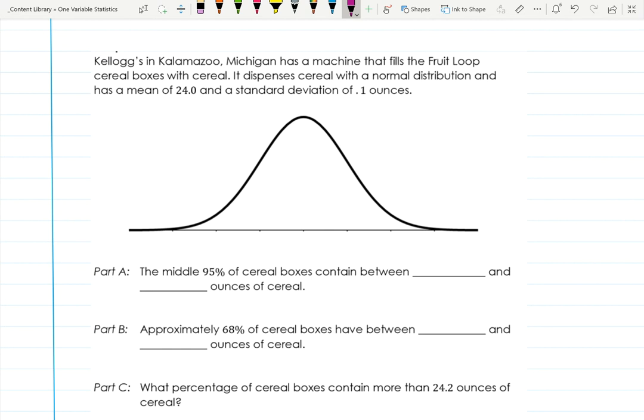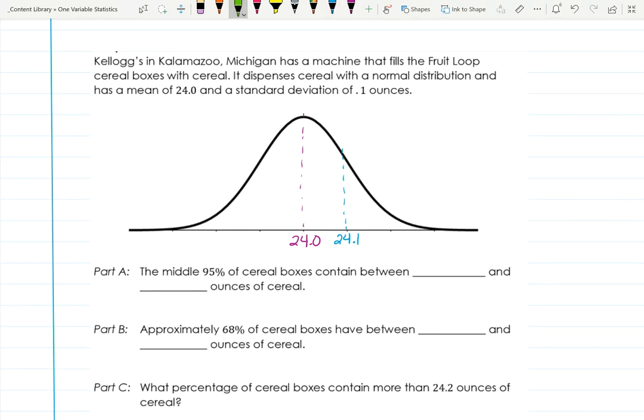So on average, we've got 24 ounces. Maybe I'll do 24.0 since we're going to be using decimals. So if I go one standard deviation above, how many ounces would be in that particular box of cereal? Well, I'm just above, so I'm going to add it, 24.1.